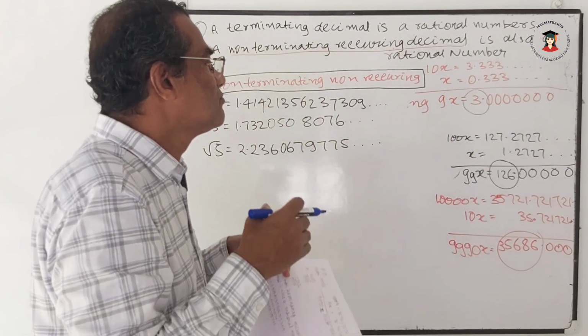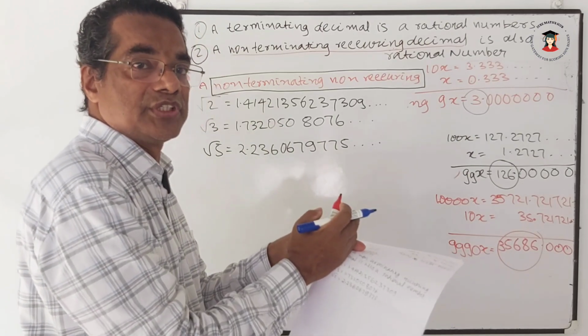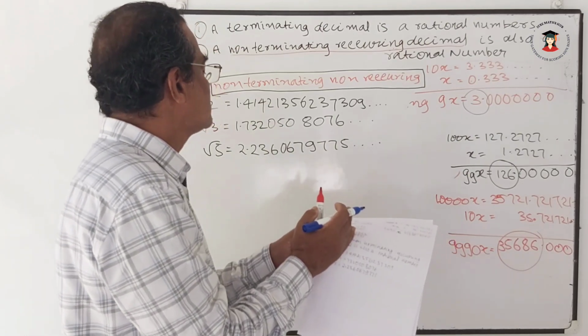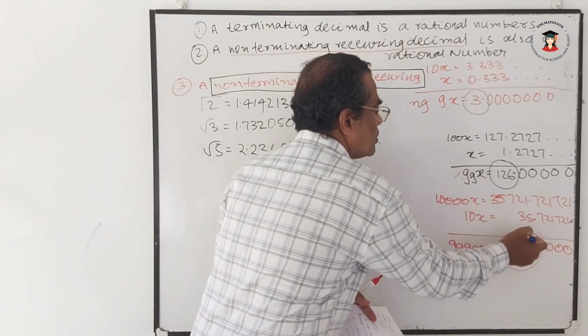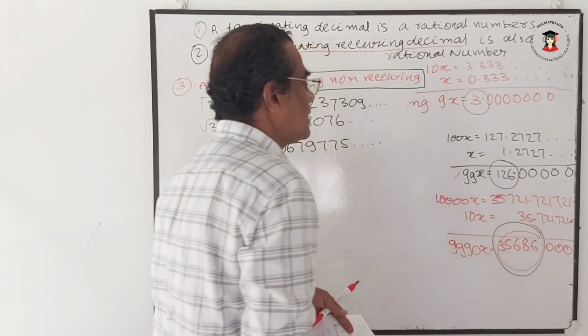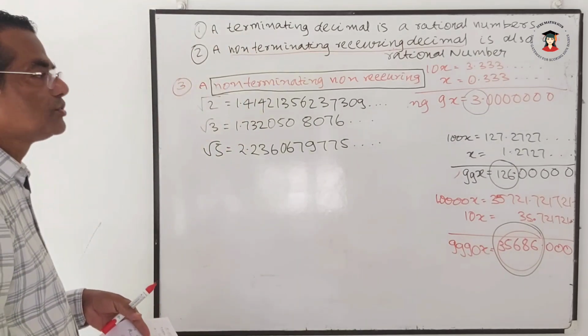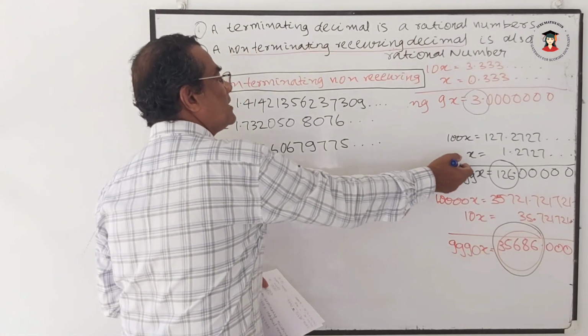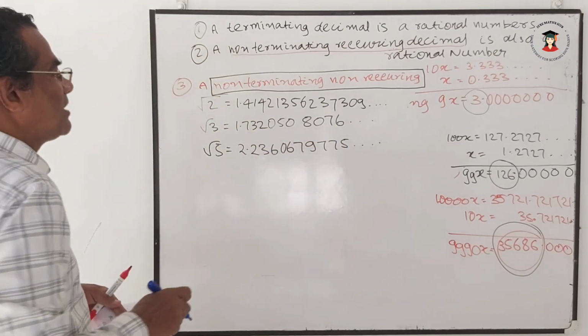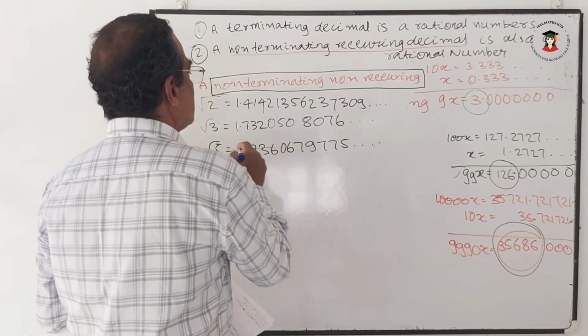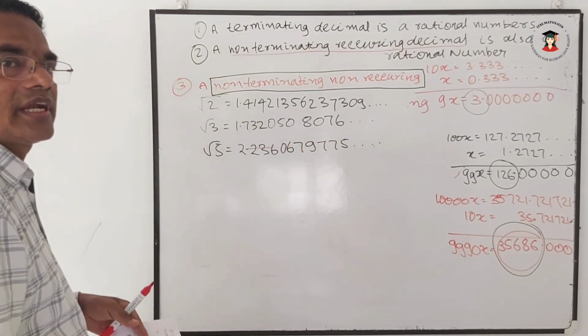At some places, the digits should repeat. If it is not repeating, then we won't be able to get an integer there. So by this method, we cannot convert these decimals into rational numbers.